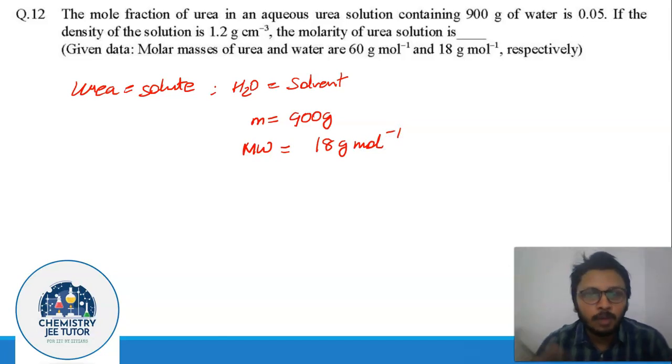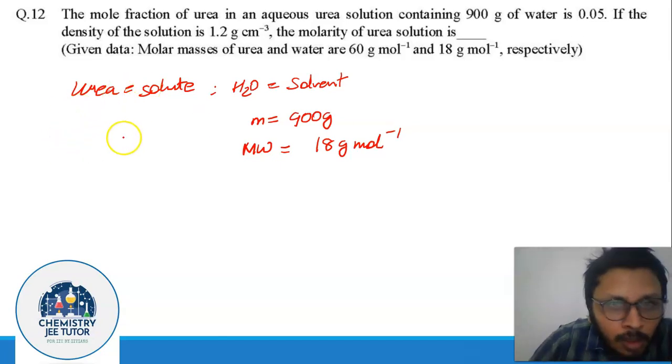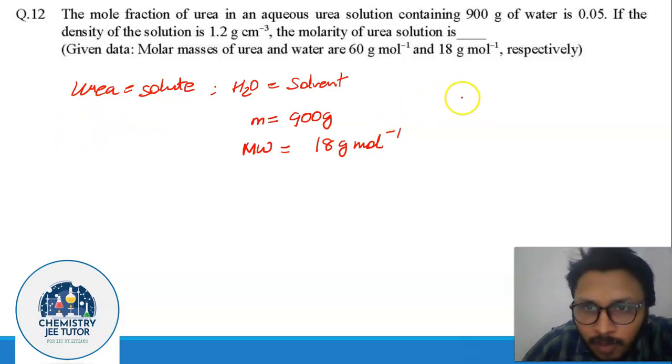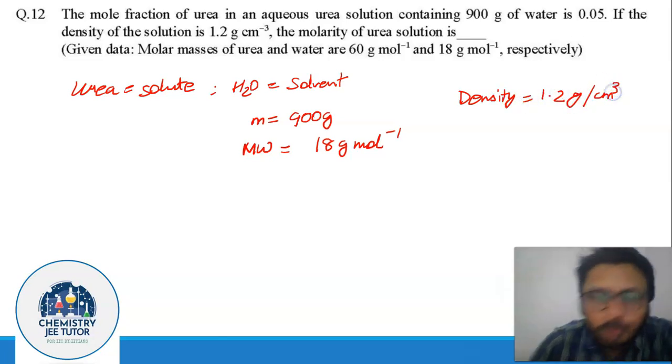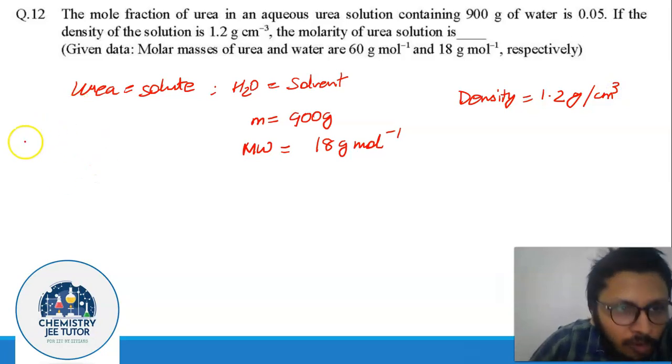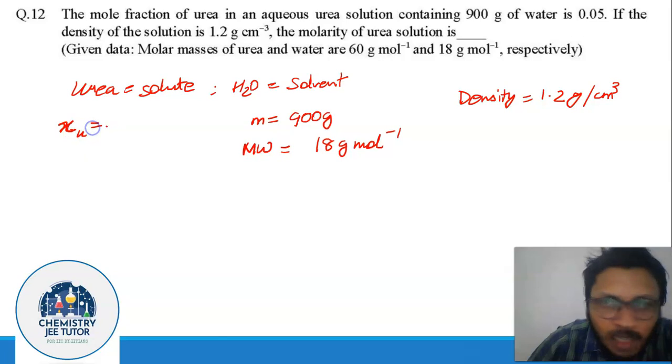Then you can cut the units and understand what we need to calculate and what is given. We are also given the density of the solution, which is 1.2 gram per centimeter cube, and the mole fraction of urea, X of urea, is given as 0.05.